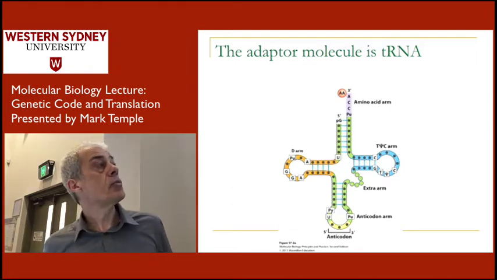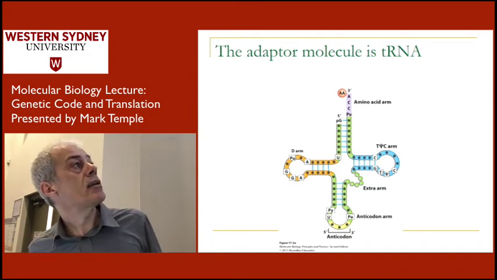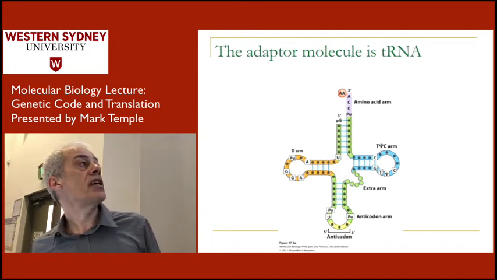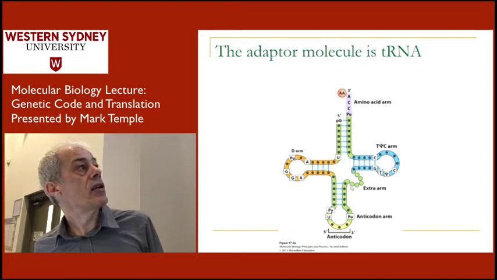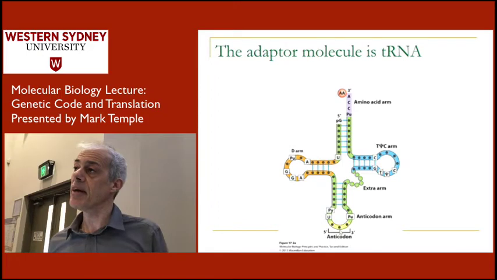This is referred to as a cloverleaf structure, and the key points are that in the lower region here, there's a run of 3 nucleotides, and it's those 3 nucleotides that are specifically base paired to the messenger RNA.